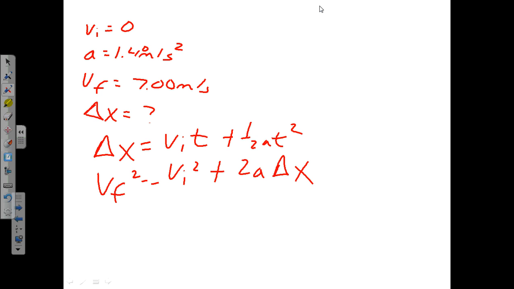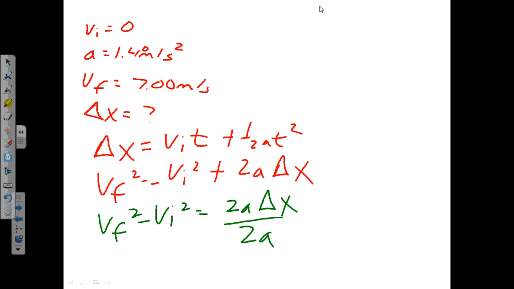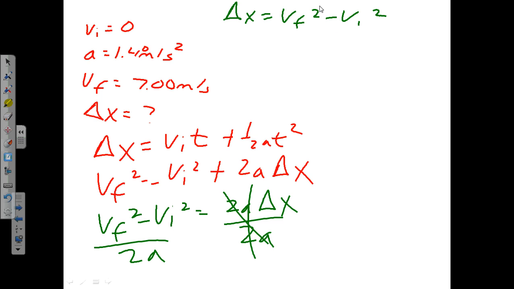So let's do a little algebra and let's solve that out for delta X. We're going to subtract VI squared from both sides. And then we're going to divide both sides by 2A. Cancels out over here. So delta X equals VF squared minus VI squared over 2A.